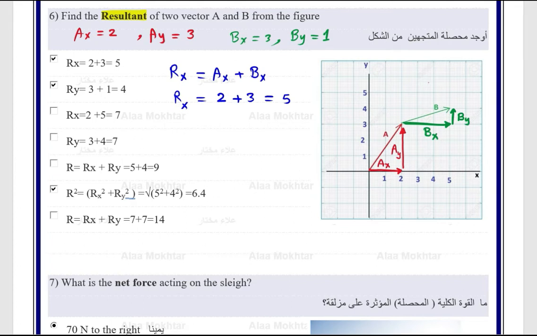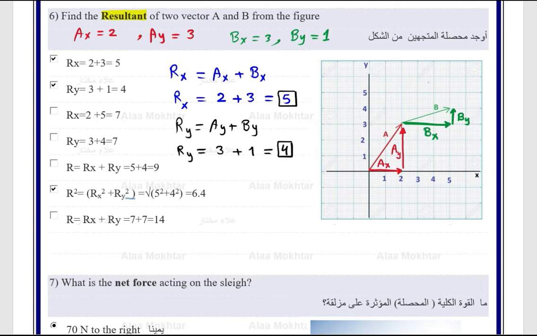What about the resultant in the Y direction? Ry equals Ay plus By. Ay is 3, By equals 1, so the resultant in the Y axis equals 4.